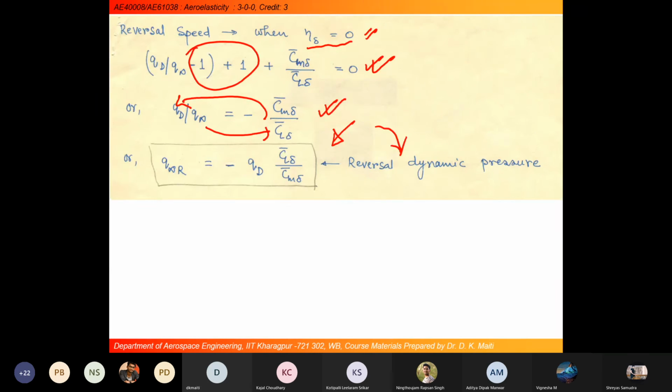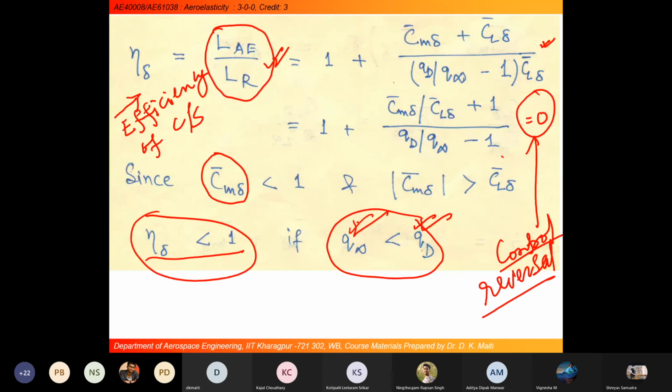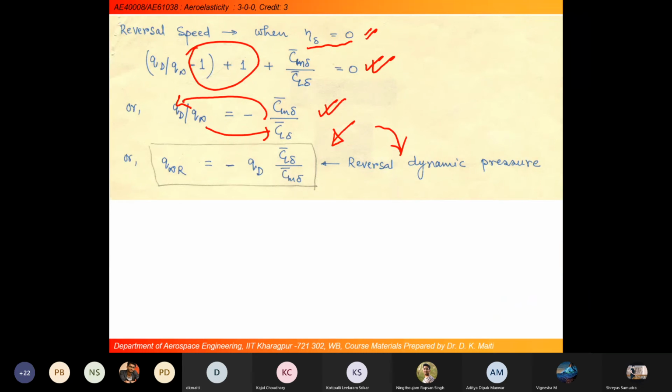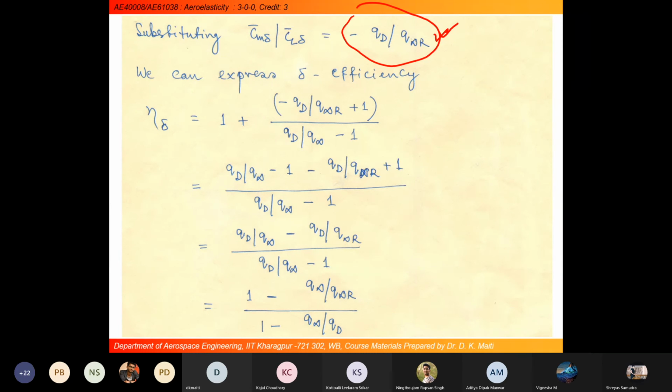So it is 1 plus minus Qd by Q infinity reversal plus 1, whole thing divided by Qd by Q infinity minus 1. And then after simplification, we will be getting this expression.